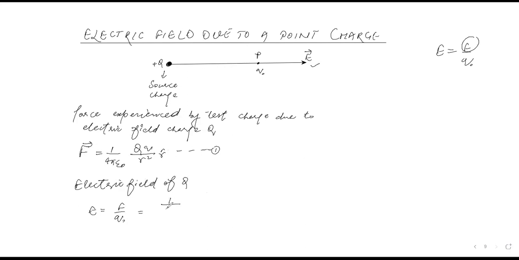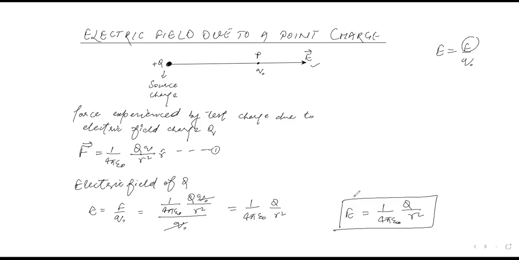F is 1 over 4 pi epsilon naught, Q into q naught over R square, over q naught. q naught cancels with q naught. Finally, you get 1 over 4 pi epsilon naught Q over R square. Thus, the magnitude of the electric field intensity at the point P is 1 over 4 pi epsilon naught Q over R square.